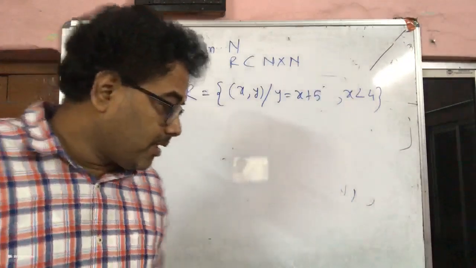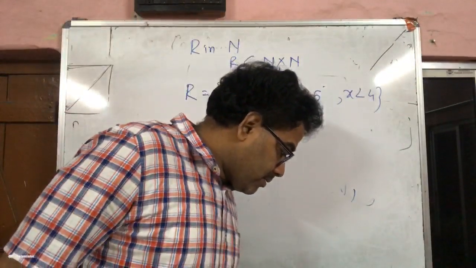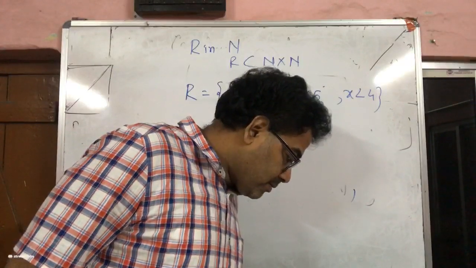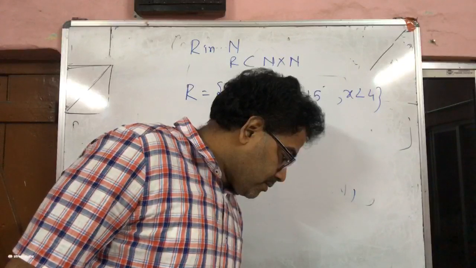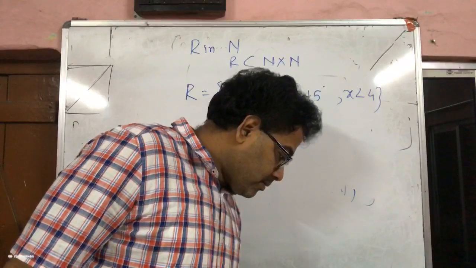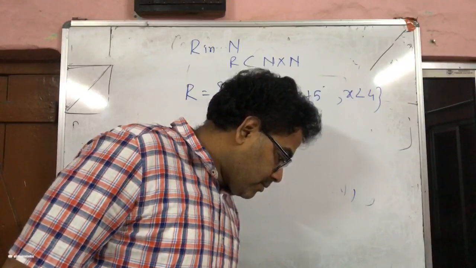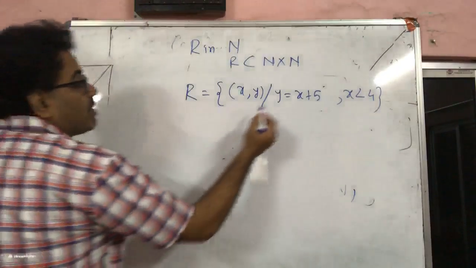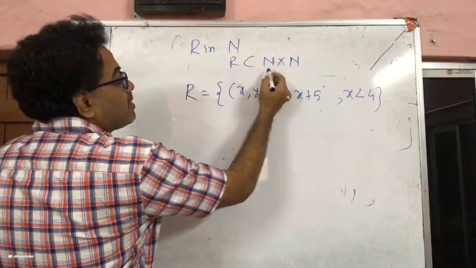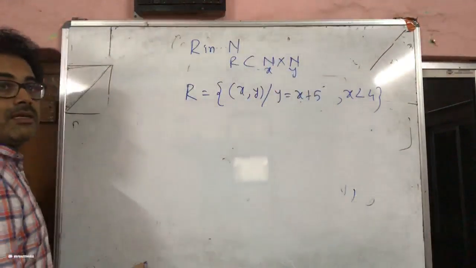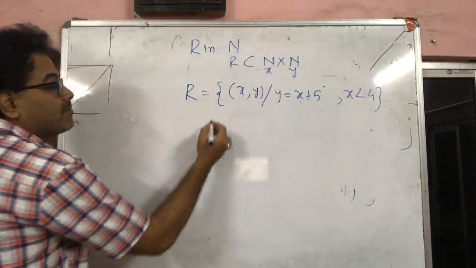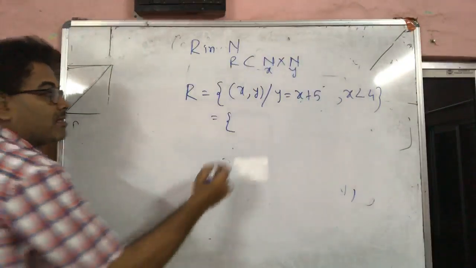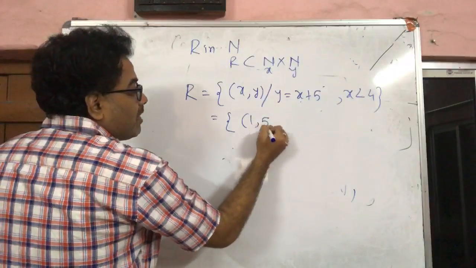So write down. Yes, x and y both will be taken from this N. First x is, the first natural number is 1, then y will be 6.